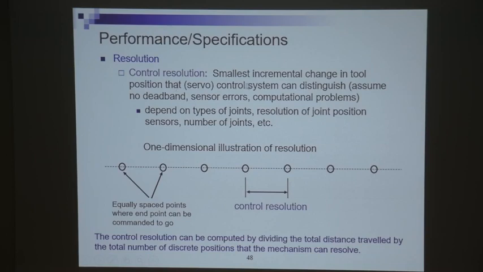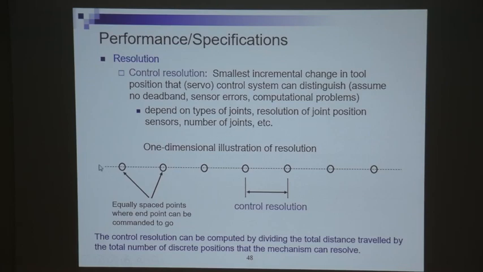A control resolution refers to the smallest incremental change in tool position that the control system can distinguish. You assume no dead band, sensor error, computational problem, and all those things. Basically, it only depends on the type of joint, resolution of the joint position sensor, and number of joints.